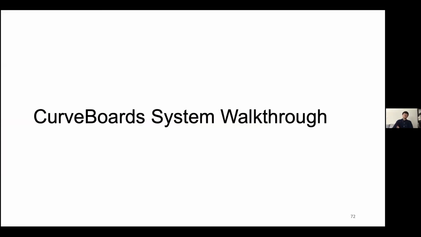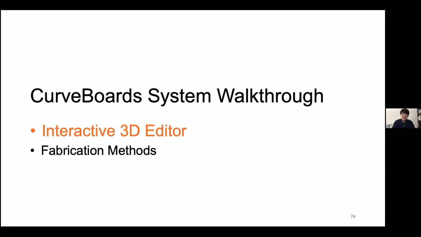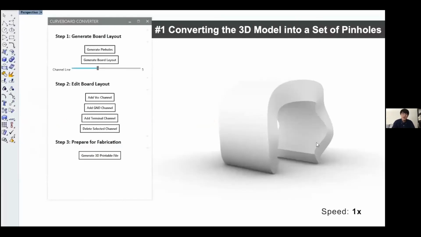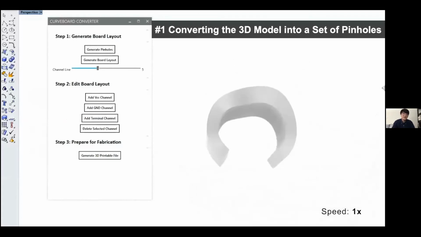Let me walk you through the CurveBoard system. Again, CurveBoard contains mainly two parts, one interactive 3D editor for designing the CurveBoards and a fabrication method that's associated with it. Let's look at the 3D editor first. The user will start by loading the 3D model into the system and converting it into a set of pinholes.